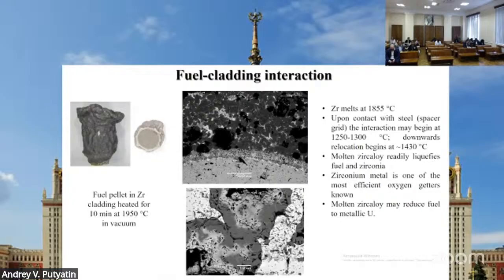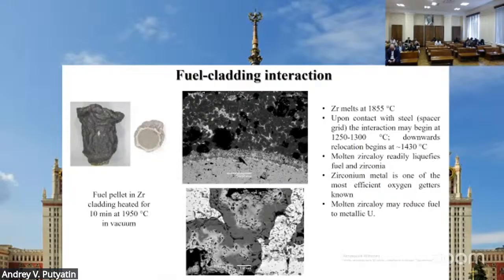What is important is that molten zircaloy very readily liquefies uranium fuel and zirconia, or zirconium oxide. So, interaction of molten zircaloy with fuel: uranium dioxide has a melting temperature of 2800 degrees, even higher.